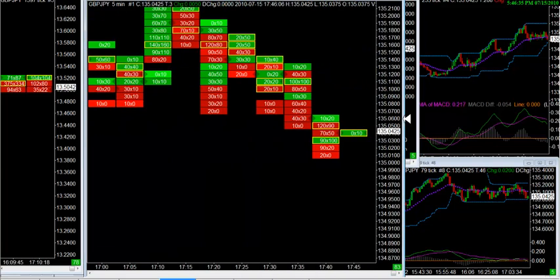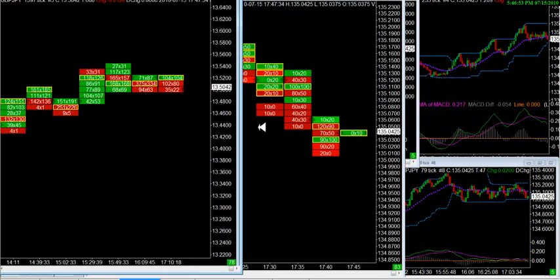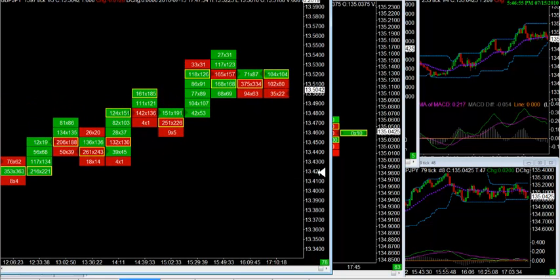What I call this, besides the delta chart, is the tape. This is where the action is. Numbers of contracts traded on the right hand side are the ask price, which is the buying price, versus the numbers of contracts on the left hand side, which is the selling price. For example, if you have a red bracket or a red cell, that obviously means that you have more sellers, 35, than buyers, 22.